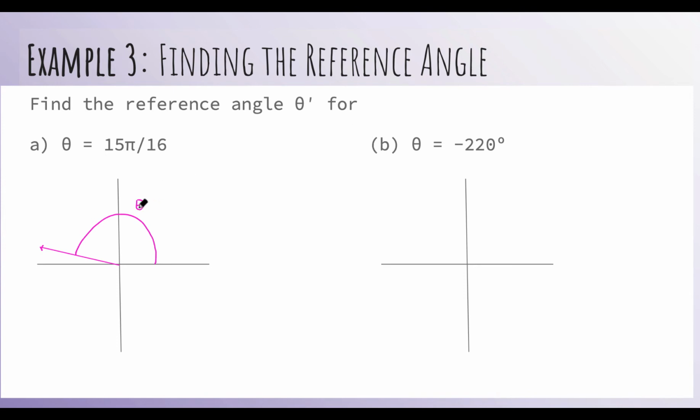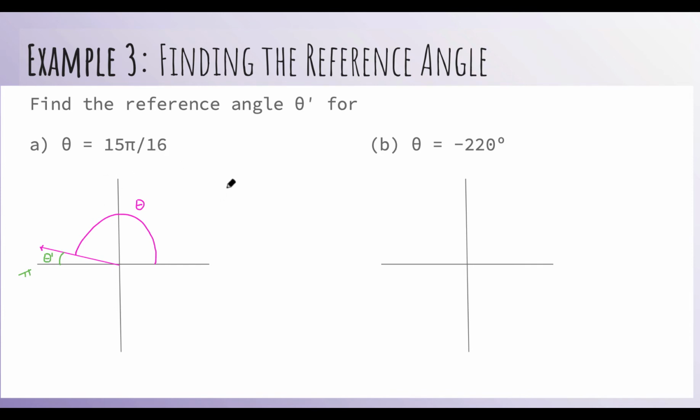If this is theta, the reference angle in quadrant 2 is going to be here from the terminal side to the x-axis, and we're going to label this as theta prime. We know that the angle measure at the negative x-axis is pi, right? So 1 pi, so this is pi. In order to get this angle measure, we need to take pi and subtract 15 pi over 16.